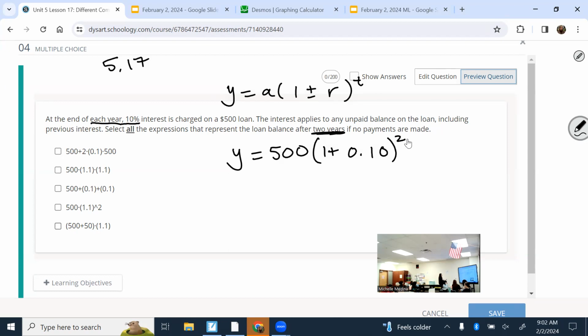So one of them that matches would definitely be the one that looks most like ours. The only difference is they added the 0.10 to make it this. What's another easy variation to see?